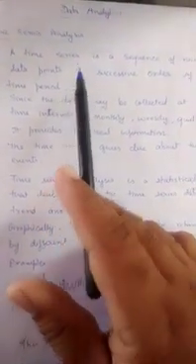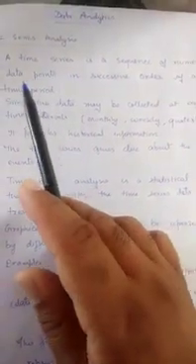So in a general sense, we can say time series is a collection of data points. These data points are numerical in nature, and they are collected in successive order for a particular time period. So let us understand this with an example.